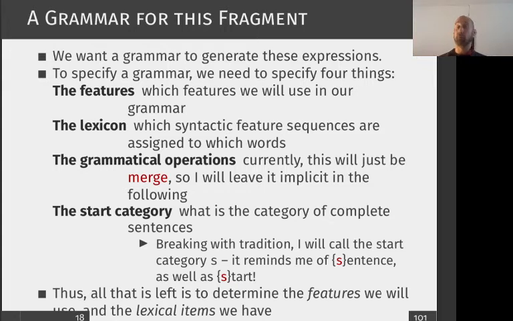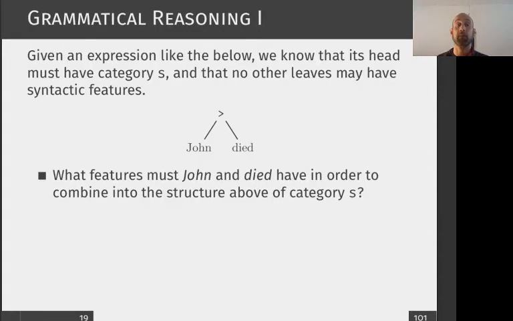Okay, so those are the 4 things you need to have to specify a grammar. I've already decided what the last 2 are going to be. So all that's left is to determine the features we're going to use and the lexical items that we have. Okay, that's what we need when we give a grammar, when we analyze something. Okay, so let's think.